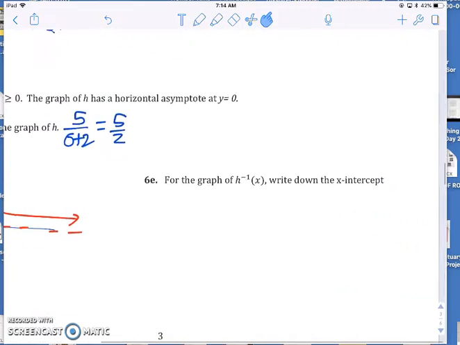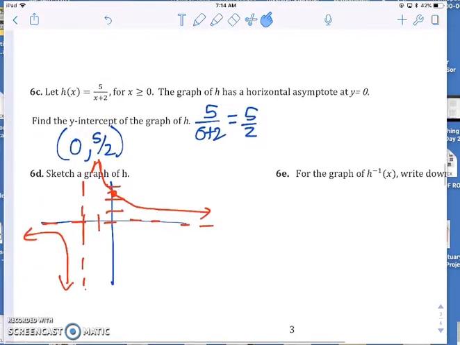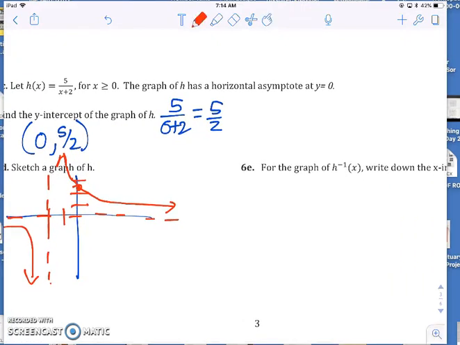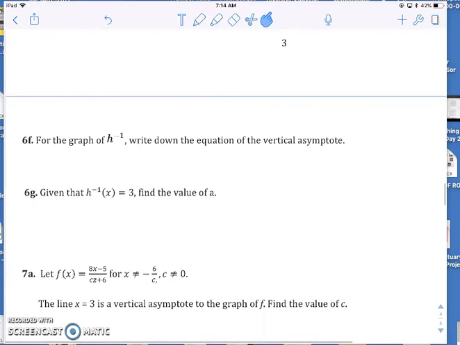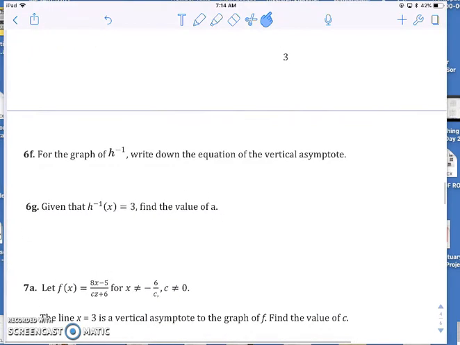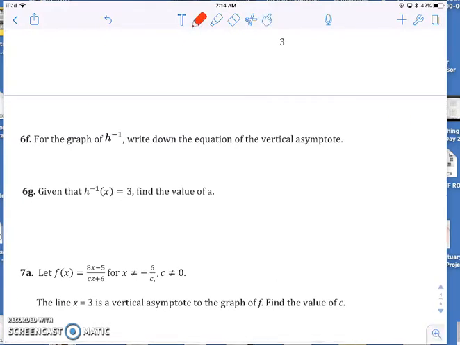For the graph of the inverse, write down the x-intercept. Well, our x-intercept, we just switch the x and y of our y-intercept, so we have (5/2, 0), because our y-intercept becomes our x-intercept. For the graph of the inverse, write down the equation of the vertical asymptote.